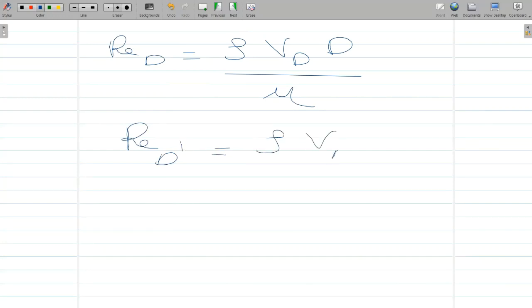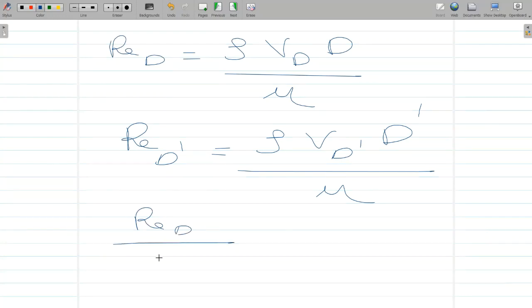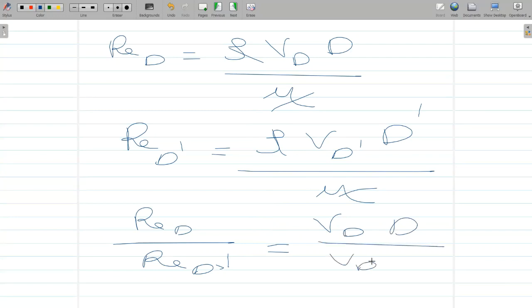So rho, V_D prime is the velocity of the fluid in the pipe with diameter D prime, and D prime is its diameter, let's say. And then I'm going to take the ratio between both, let's say Re_D by Re_D prime. And I'm going to get, rho, I can cancel out, mu, I can cancel out. I'll end up with V_D times D and V_D prime times D prime.